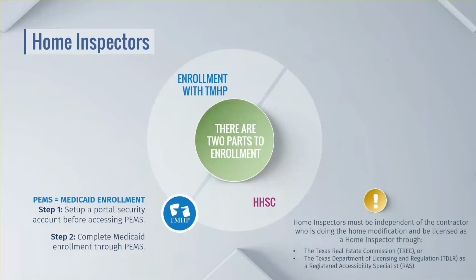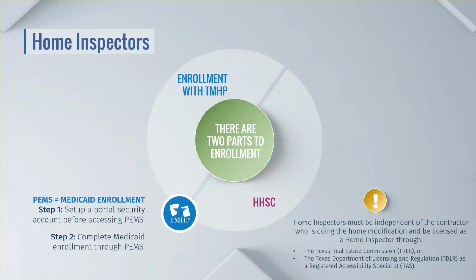Important: home inspectors must be independent of the contractor who is doing the home modification and must be licensed as a home inspector through the Texas Real Estate Commission, TREC, or the Texas Department of Licensing and Regulation, TDLR, as a registered accessibility specialist, also known as RAS.